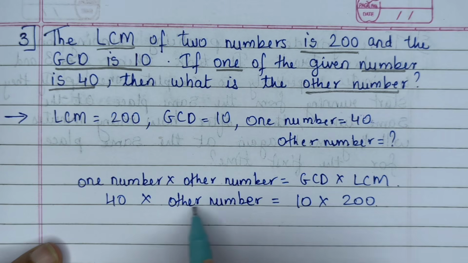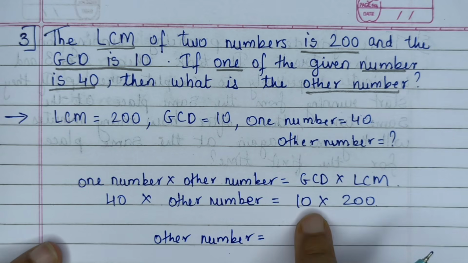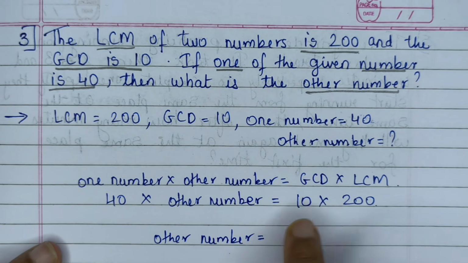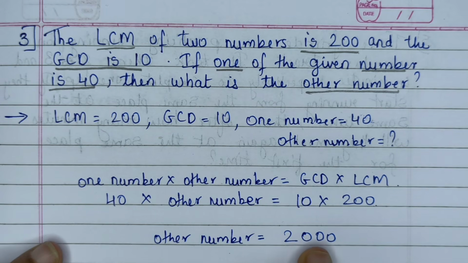We have to find the other number, so write other number is equal to 10 multiplied by 200. If you multiply this, 2 ones are 2, and how many zeros are there? 3 zeros. So we put 3 zeros over here.